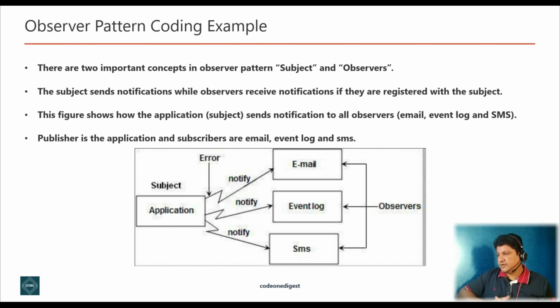So in this diagram, we can see the application is the subject and it is sending notification via different channels like email or event log or SMS, and observers are the interested parties who have subscribed for different types of notifications, and they will get notified accordingly. So we are going to implement the same in our Java example, right?